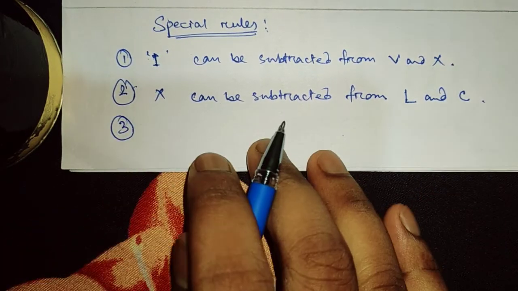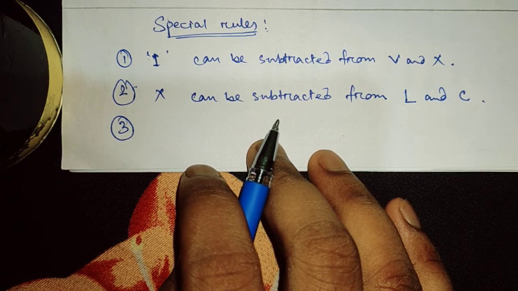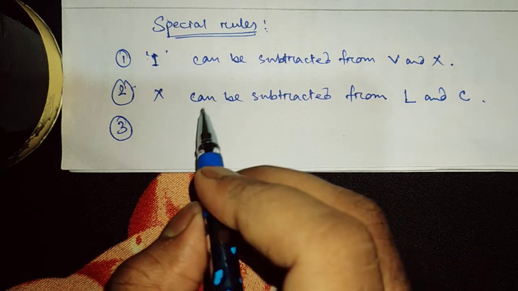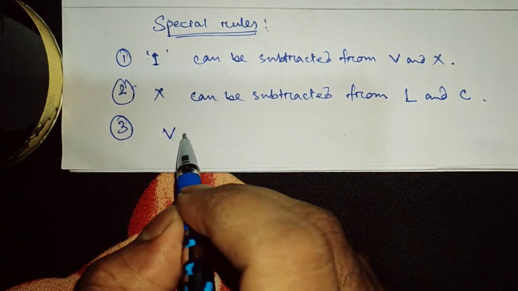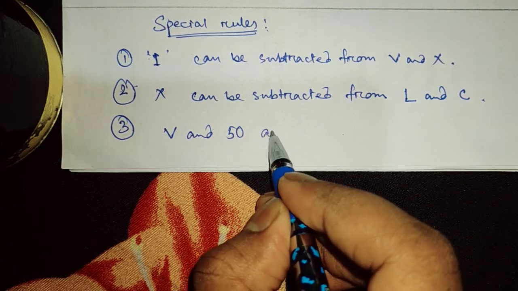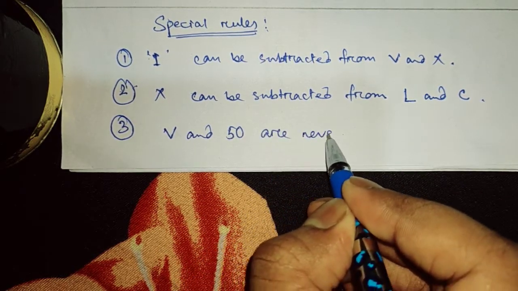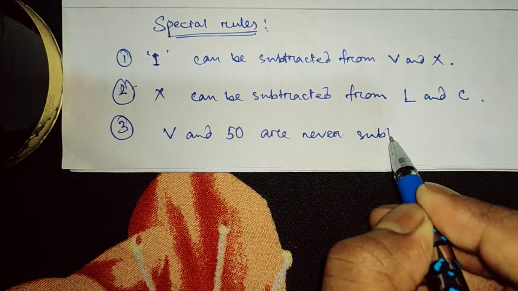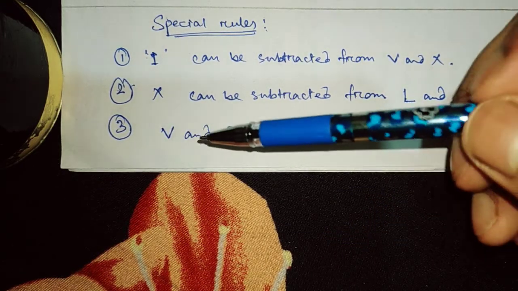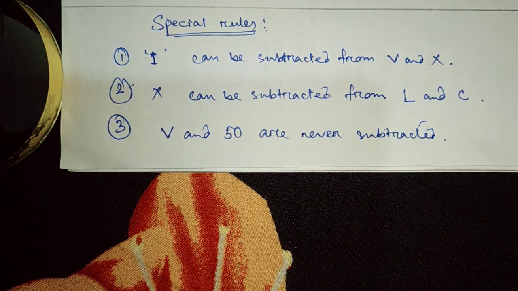And rule number 3 is super special. 5 and 50 are never subtracted. That means while forming numbers we never subtract 5 and 50.